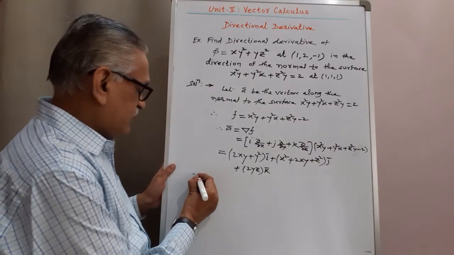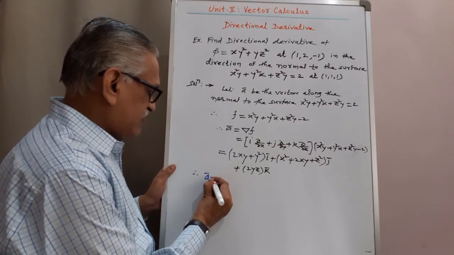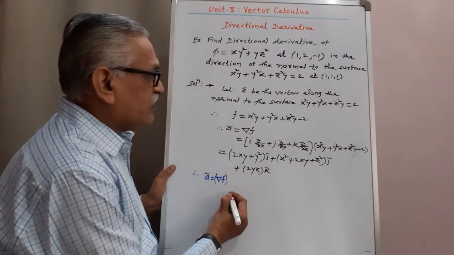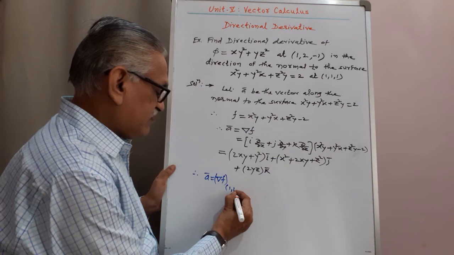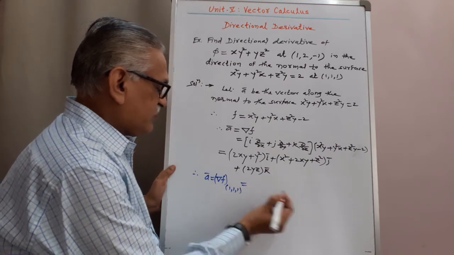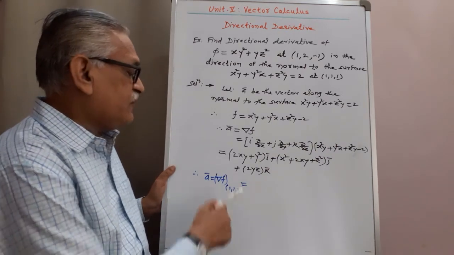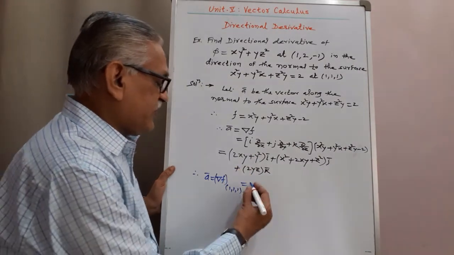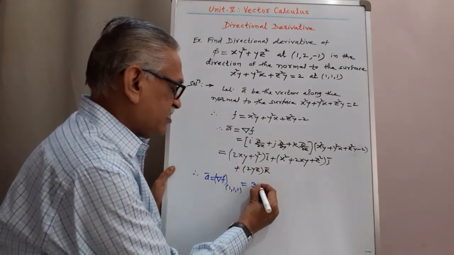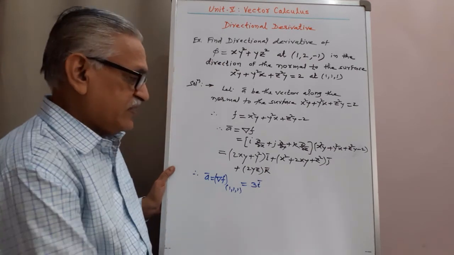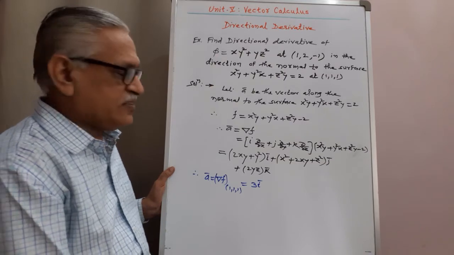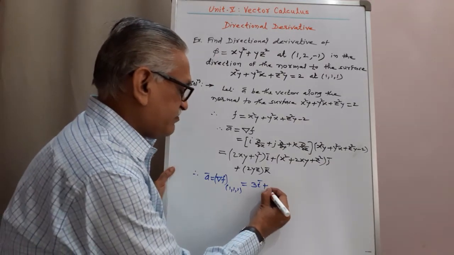Therefore the vector a bar is grad f at the point (1, 1, 1). It is 2 into 1 into 1, that is 2, plus 1 square, we get 2 plus 1 as 3i. Then 1 plus 2 plus 1, we get 4j.